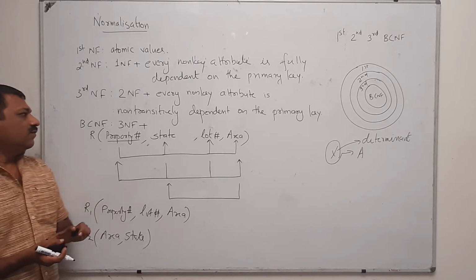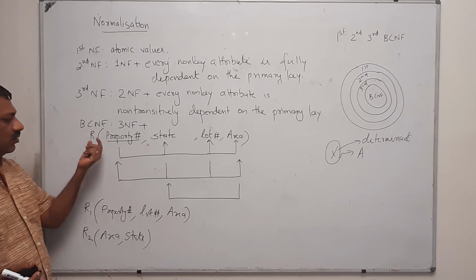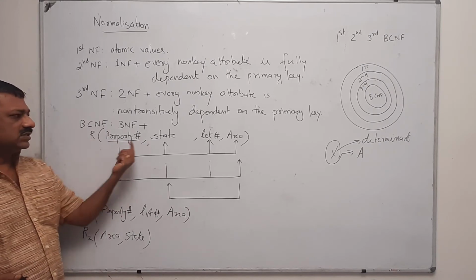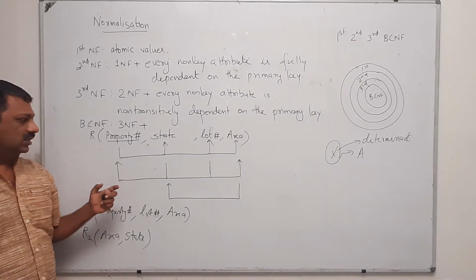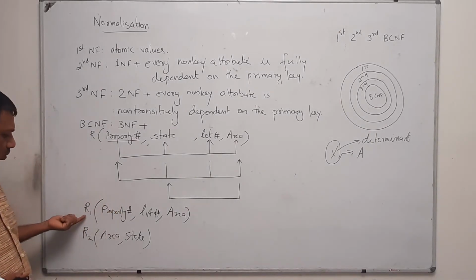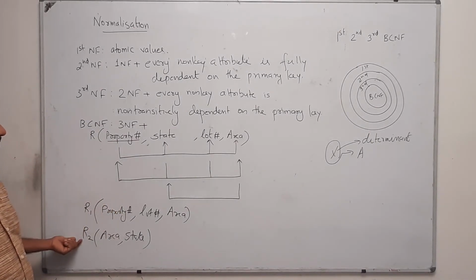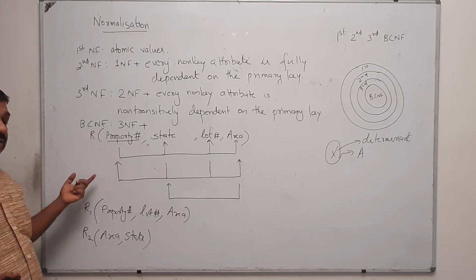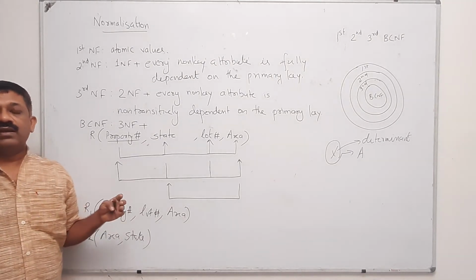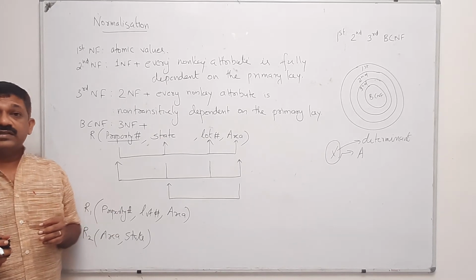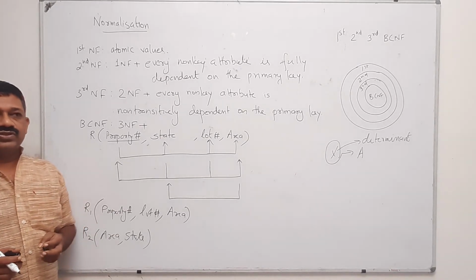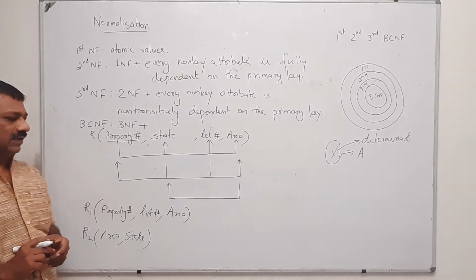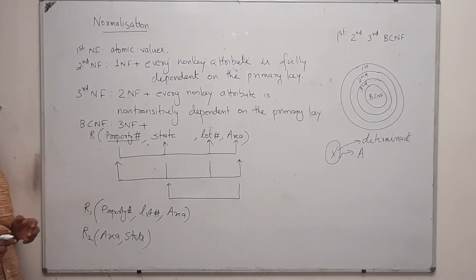Now, when we have decomposed this table into two, you have two new tables R1 and R2. This decomposition should be lossless and dependency preserving. And we are going to check whether dependency is preserved.